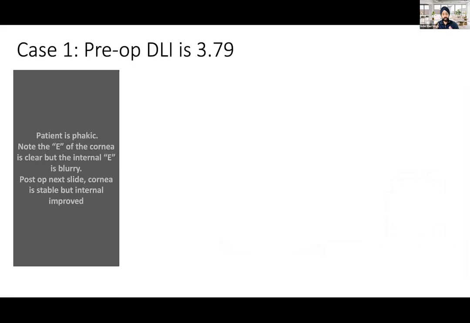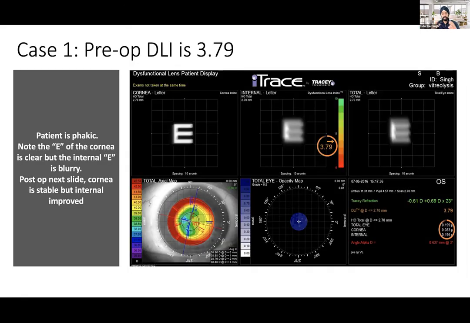Let me give you some orientation on what this screen shows us. This is the main screen I use. This is called a DLI screen. It's a very good patient-facing education tool. On the left here is the representative E, which is basically what the machine is saying, what is the quality of the image going through the eye, going through the cornea. The bottom is the topography axial map here, and the top shows the patient what they would see.